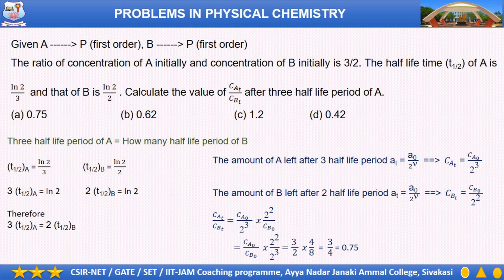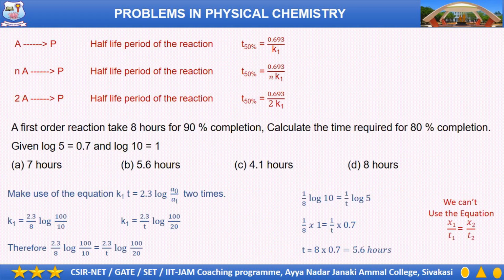And the next one I am going to give is the equation used: T half, the half-life period, is equal to 0.693 by K1. This equation is provided the stoichiometry of the reactant is 1. If the stoichiometry is changed, accordingly these equations should also be changed.